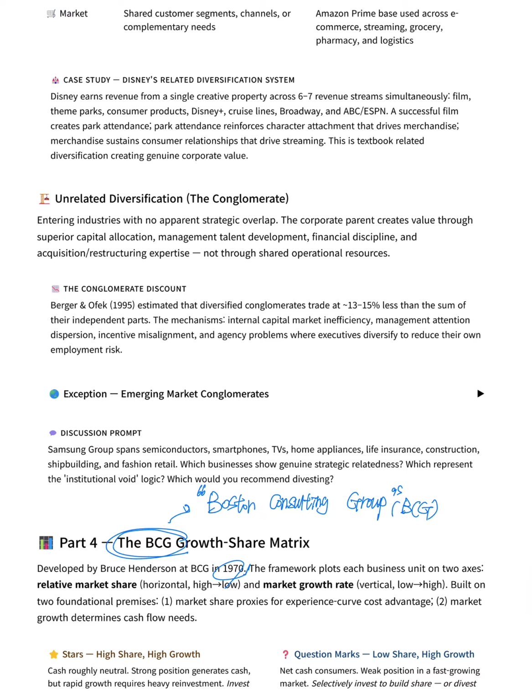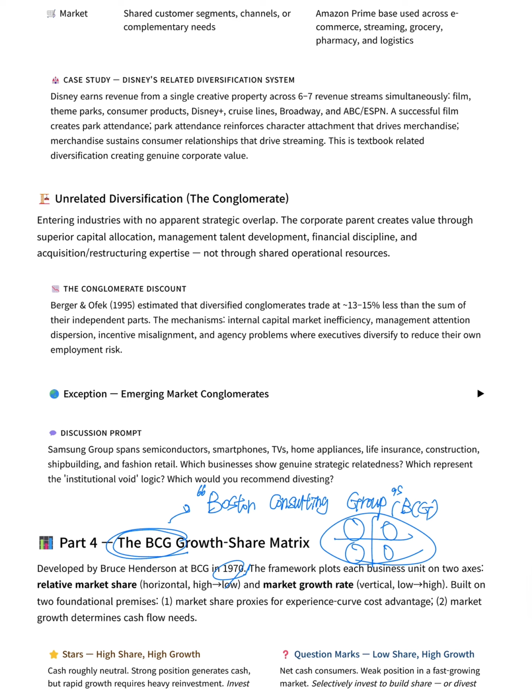This deceptively simple 2 by 2 framework, very simple, became arguably the most widely used and most frequently critiqued tool in the history of corporate strategic consulting.